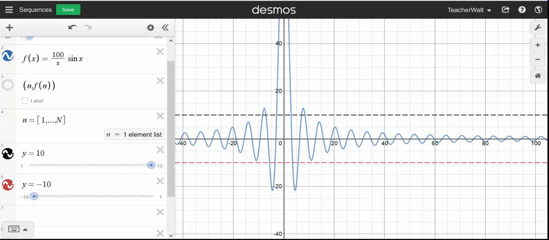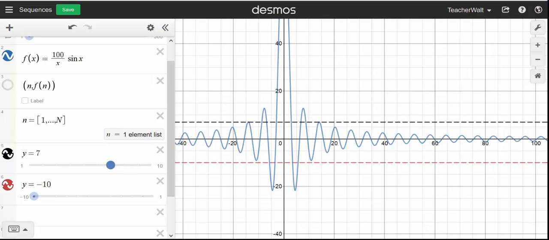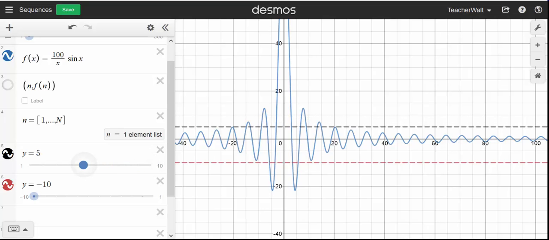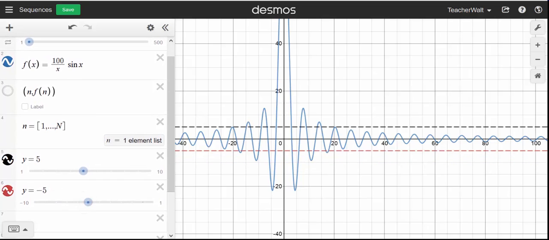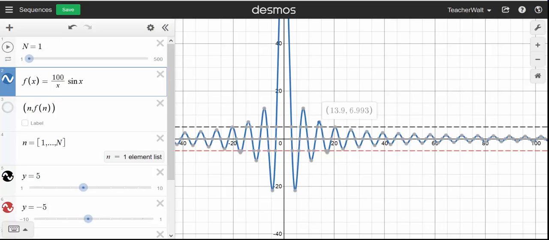That's for an epsilon of 10, when we go 10 above the limit and 10 below the limit. But let's change that a little bit and make the epsilon 5. Now there are some values that are not within those lines, like this value up here and this value down here.